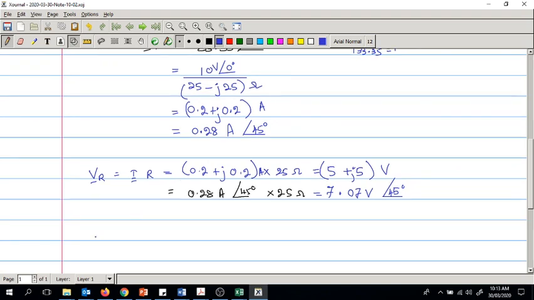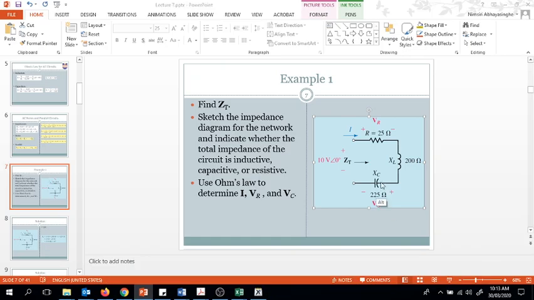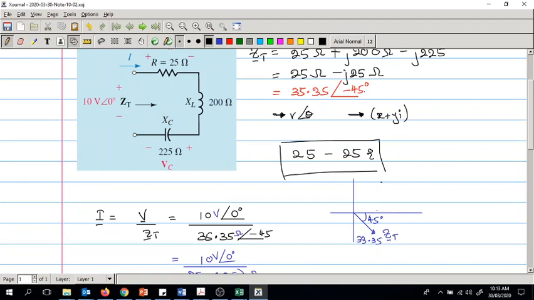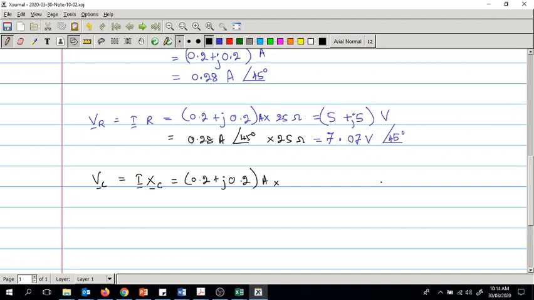VC, the same equation we can use for VC. VC is equal to I into XC, right? So that is 0.2 plus j0.2 amperes into XC. What is XC? XC is minus j225 ohms.